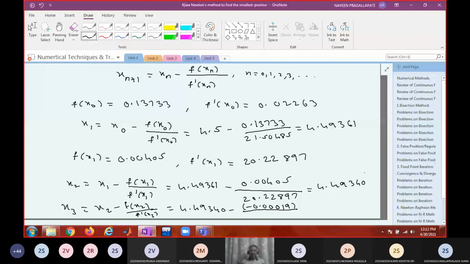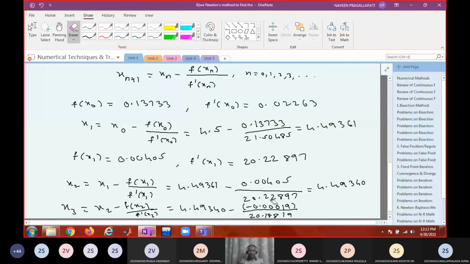Minus 0.00019 I got. Am I right? Yes, sir. And its derivative is 20.18893.